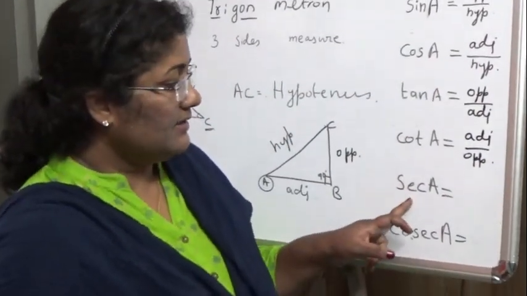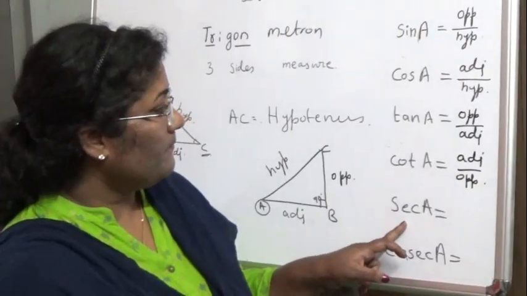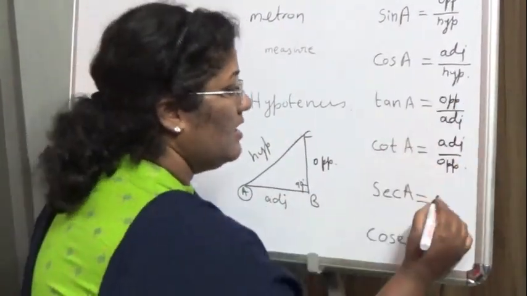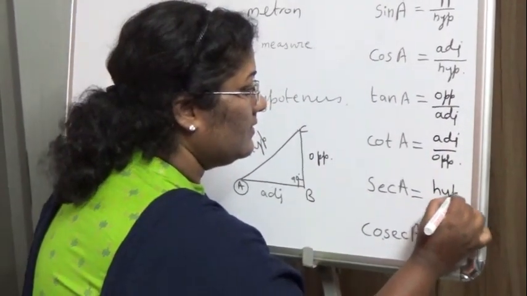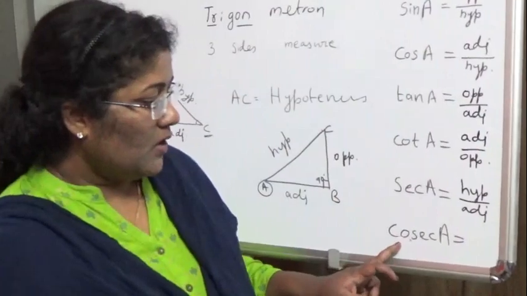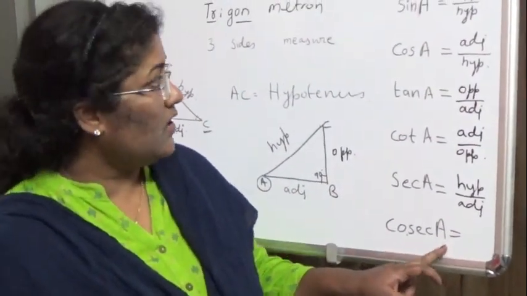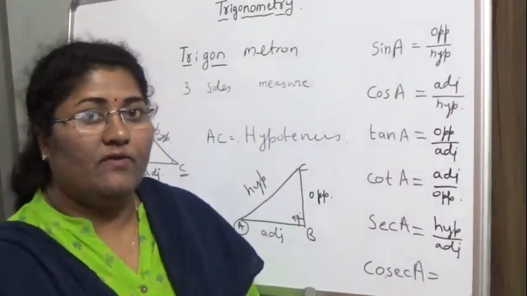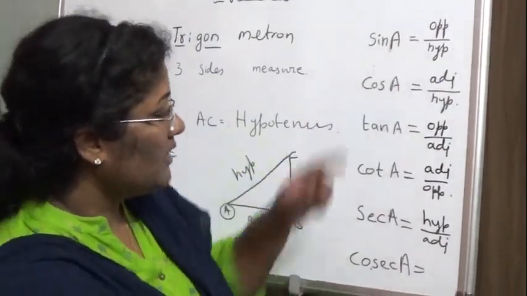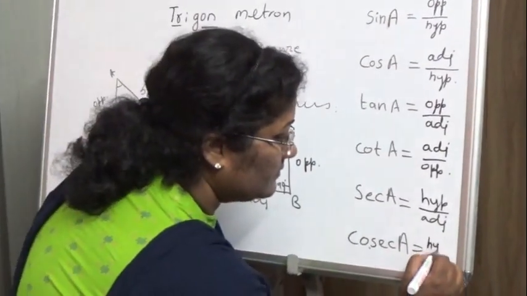Sec A is the reciprocal of cos A, so it is hypotenuse by adjacent. In the same way, cosec A is the reciprocal of sin A, that is hypotenuse by opposite.